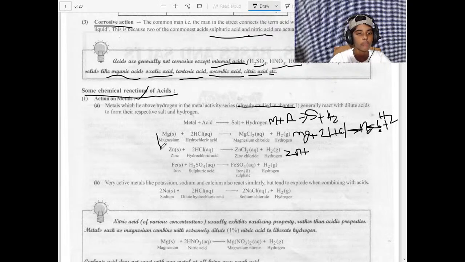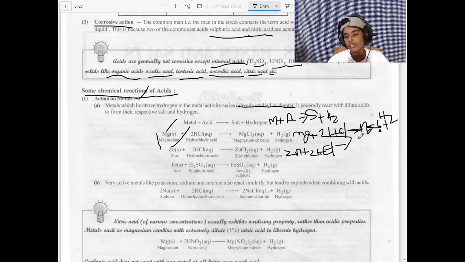The 2HCl is the same, but the metals differ: this is magnesium and this is zinc. It will give ZnCl2 plus hydrogen. Next, iron plus sulfuric acid will give iron sulfate plus hydrogen.